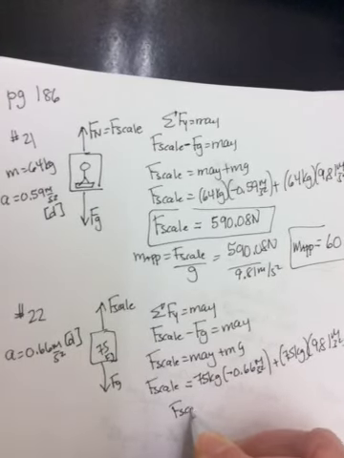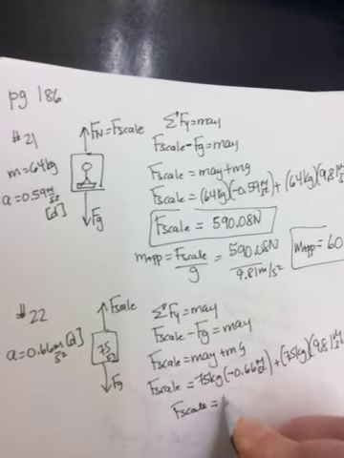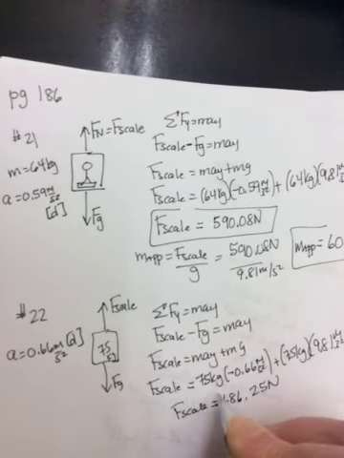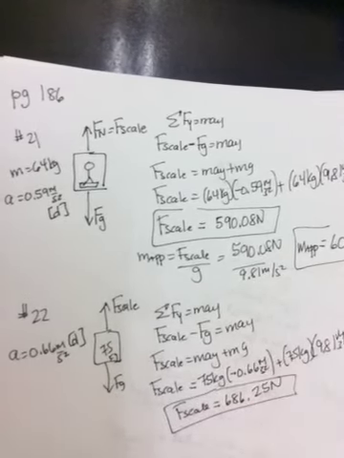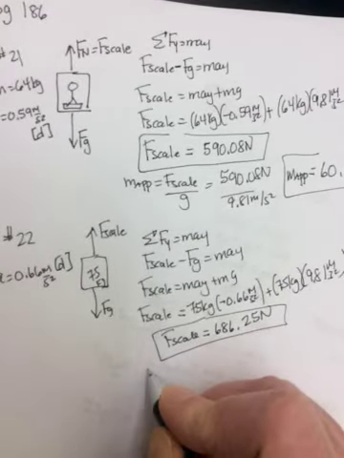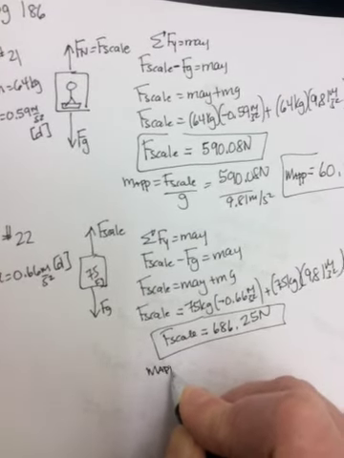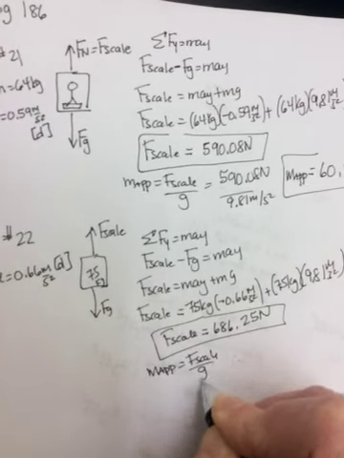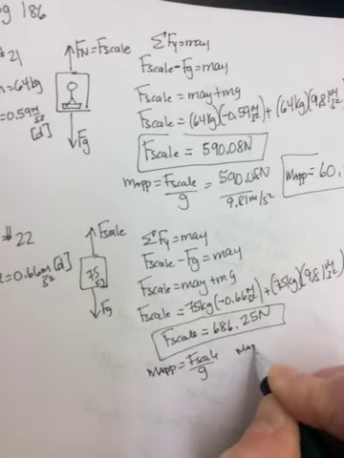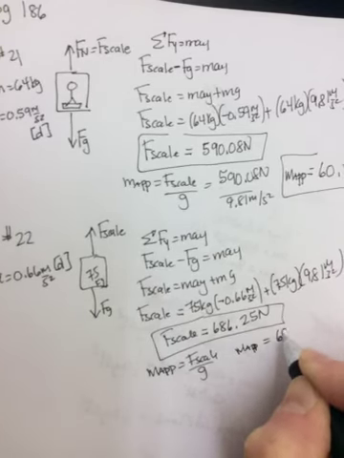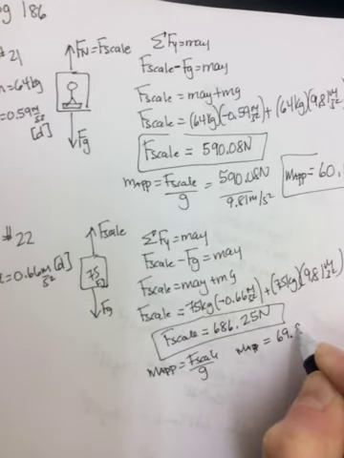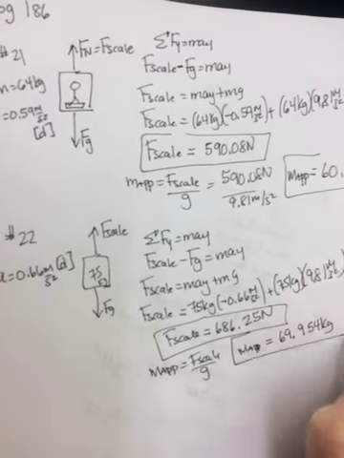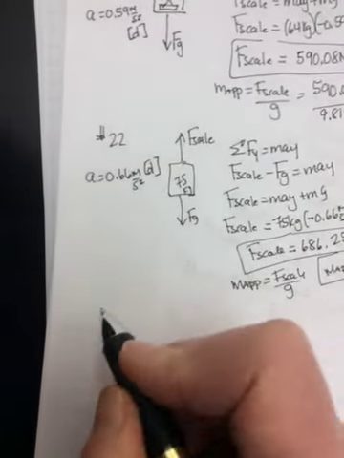And you get an F scale of 686.25 newtons. That's the apparent weight. If you want the apparent mass, again, divide this number by G. And when you do that, you get an apparent mass of 69.954 kilograms.